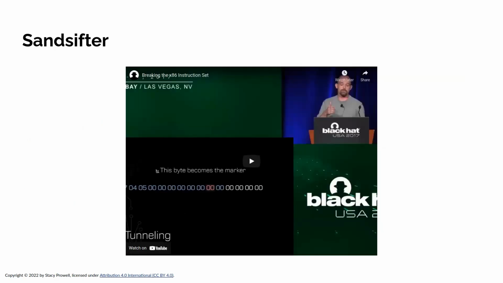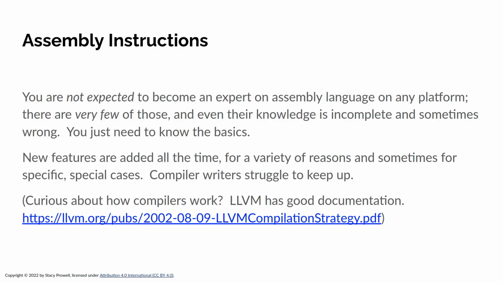I'm giving you my view of it. His lecture from Black Hat is linked in the slides. You can feel free to have a look at that. It's really, I think, interesting, fun stuff that tells you a lot more about how the processor actually operates. Because again, these things are hideously complex. All right. So the point is there's a lot.